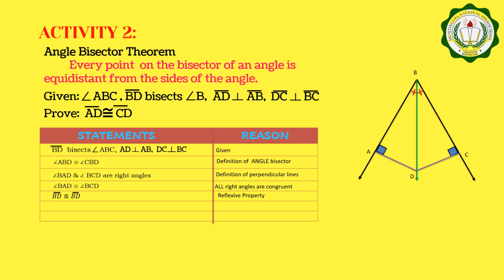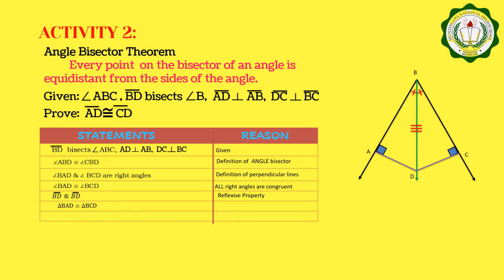Now, try marking the congruent parts of triangle BAD and triangle BCD. Okay. Can we already say that they are congruent? Yes, we have now triangle BAD congruent to triangle BCD. By what congruence postulate?